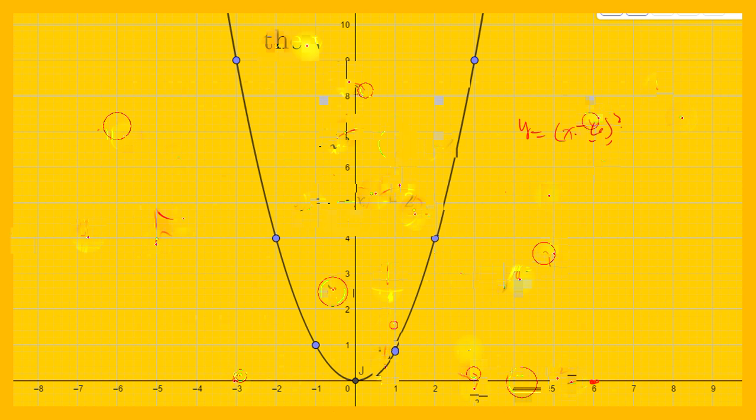Let's rewrite that first. f of x is reflected along the x-axis and shifted vertically by 2 units up to obtain g of x.